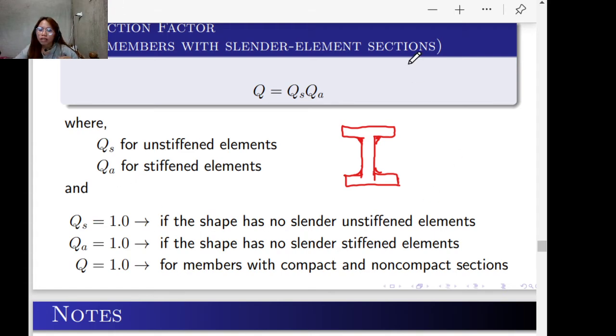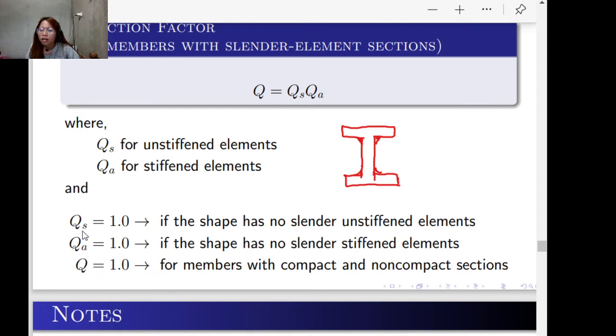The Q sub S is equal to 1.0 if the shape has no slender unstiffened elements, and Q sub A is 1.0 if the shape has no slender stiffened elements.